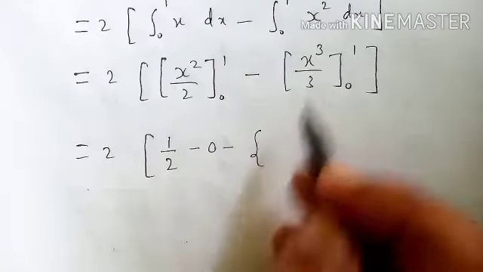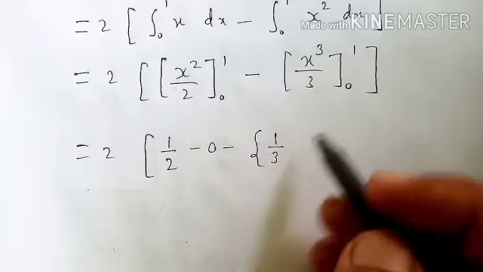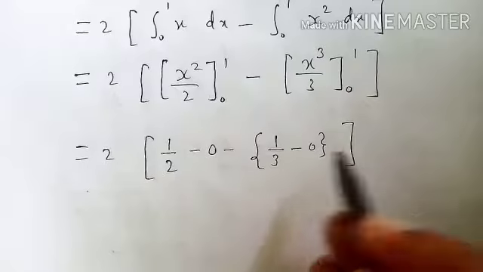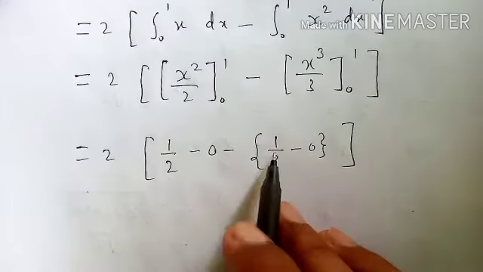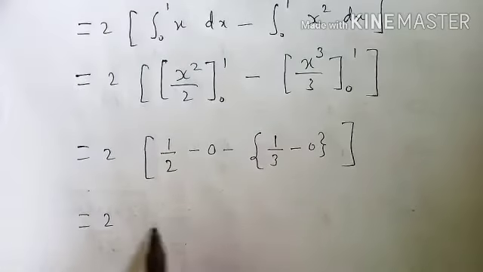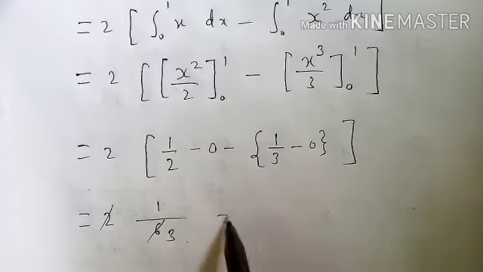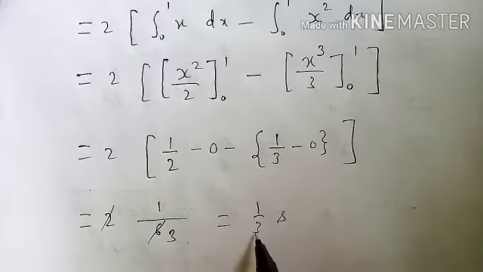Here we put x is equal to 1, then 1 by 3, we put x is equal to 0. Now we have 1 by 2 minus 1 by 3, which can be obtained as 1 by 6. So we have 1 by 3 square unit.